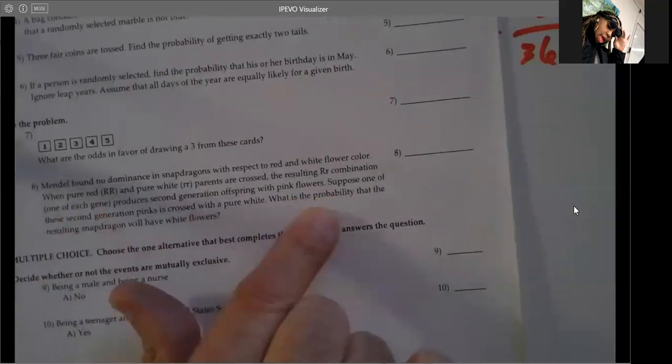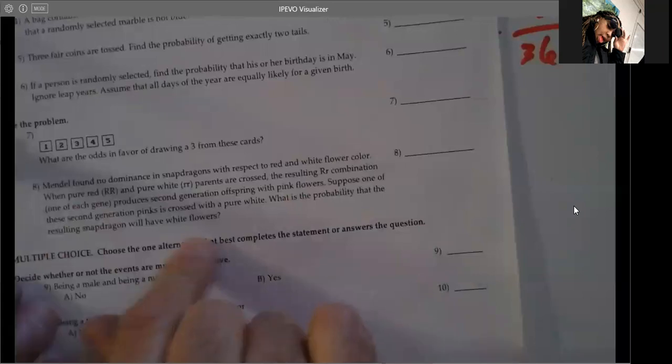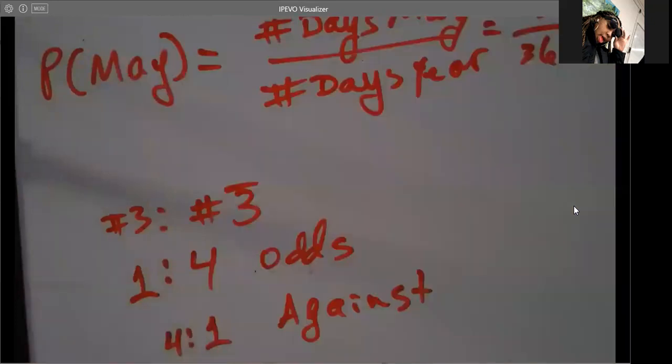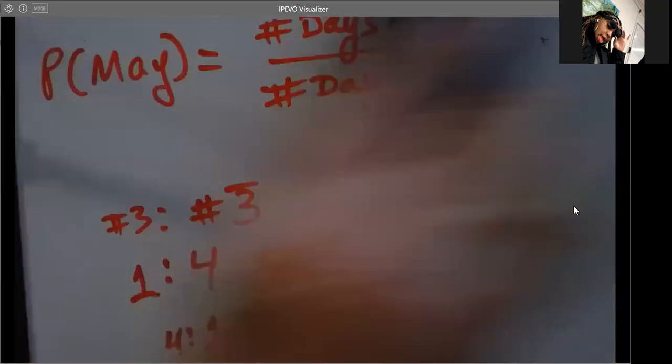What is the probability that the resulting snapdragon will have white flowers? So 2 uppercase R is pure red, 2 lowercase r is pure white. I have a question. Is that where you make the little square and then connect them? Yeah, it's called a Punnett square.